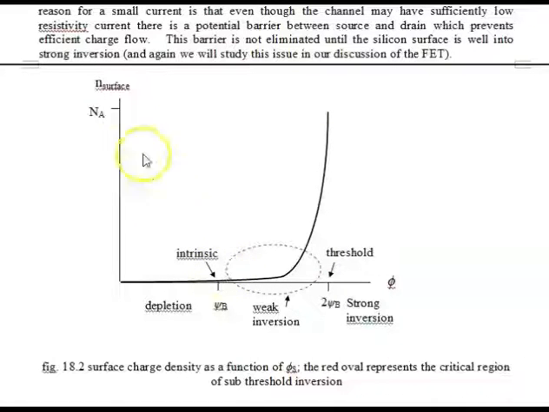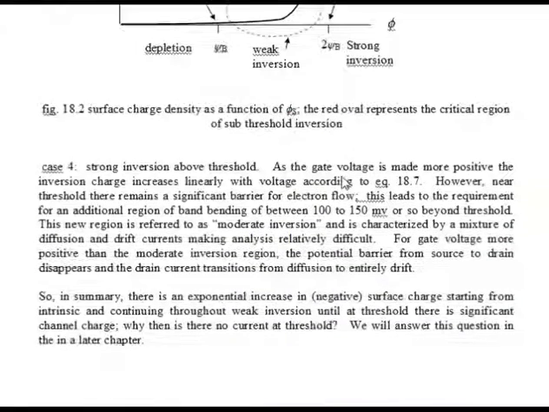If we look at the surface amount of electrons per cubic centimeter at the surface, in depletion, essentially nothing, and then we get phi is equal to the bulk, or intrinsic, that's 10 to the 10th, and then we creep up a little, and right somewheres in this region, we're at threshold, and then above threshold, zoom, it shoots way up. So that's basically what we're saying there.